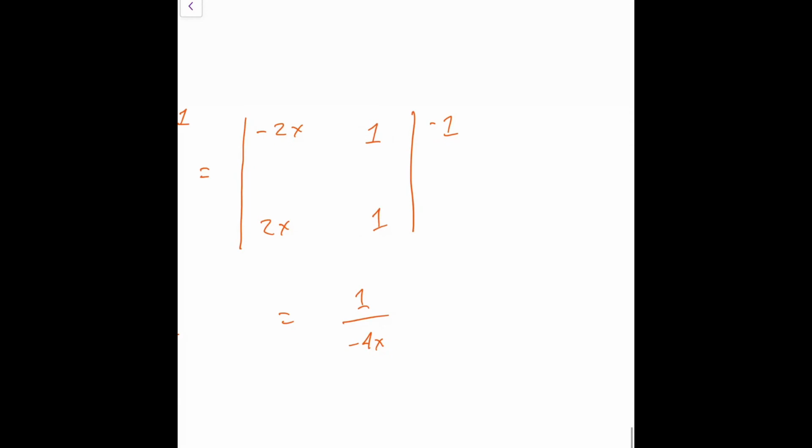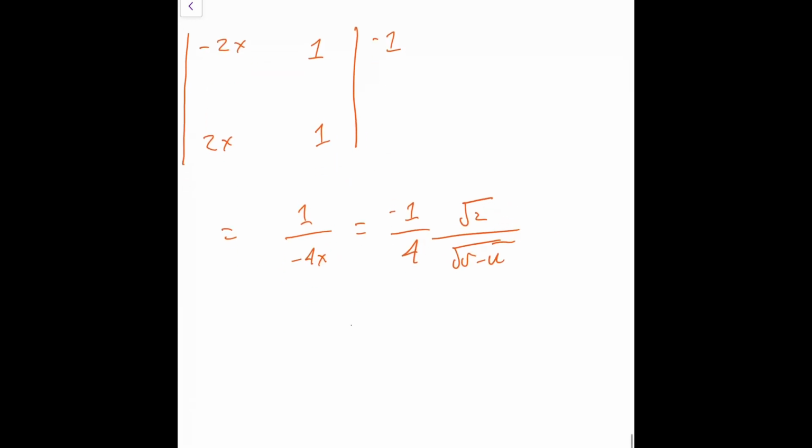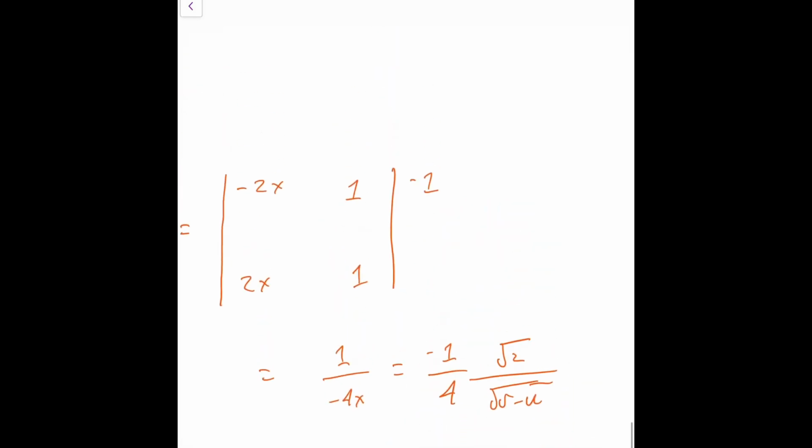So this is equal to minus 1 over 4 times the square root of 2 over the square root of v minus u. And this is equal to minus 1 over 2 times the square root of 2 times 1 over the square root of v minus u.